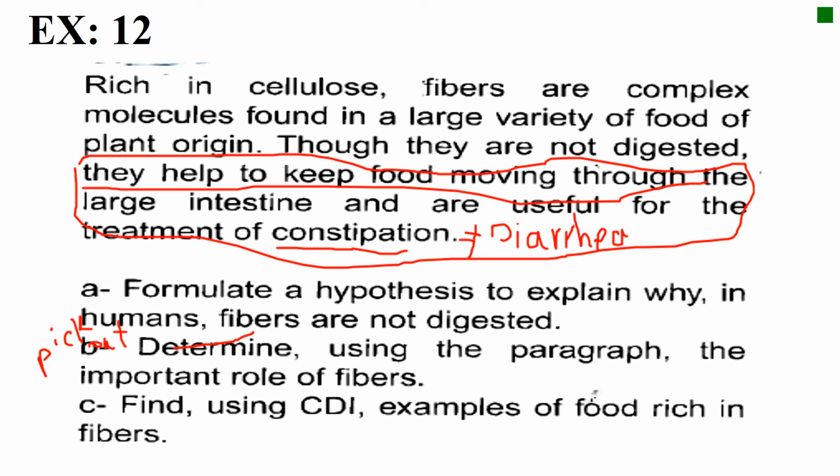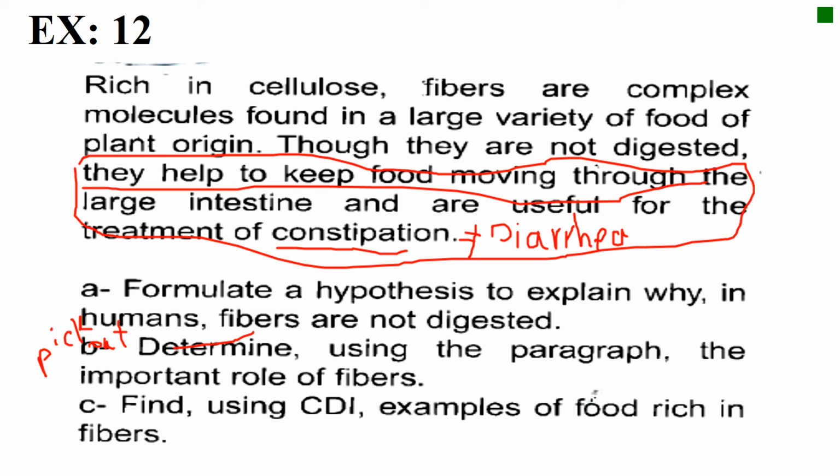So we write hypothesis or maybe, and then we put humans have no enzyme to digest cellulose. Why isn't cellulose broken down in my body? Because I don't have the enzyme. If the enzyme existed, it would have broken it down. If it's like starch, I have amylase. So we don't have specific enzymes for the digestion of cellulose.